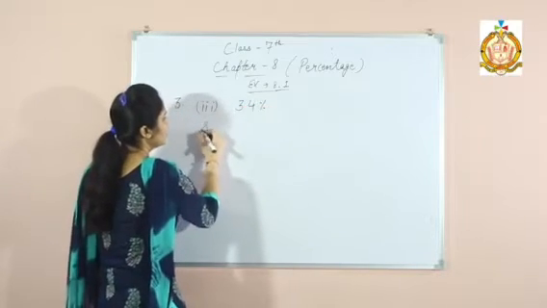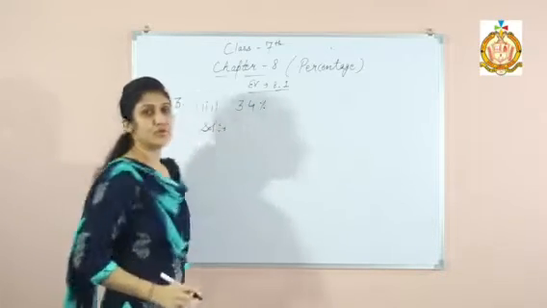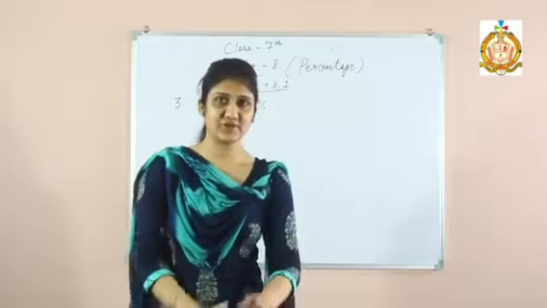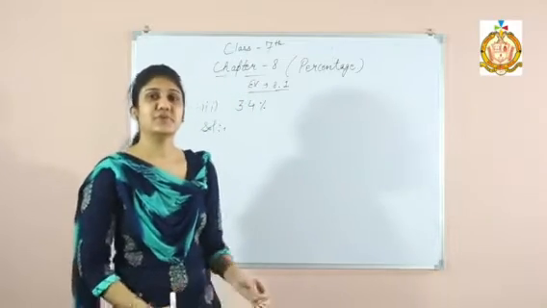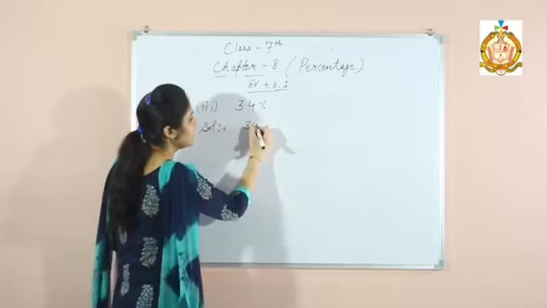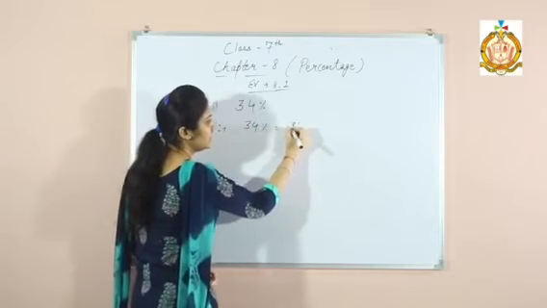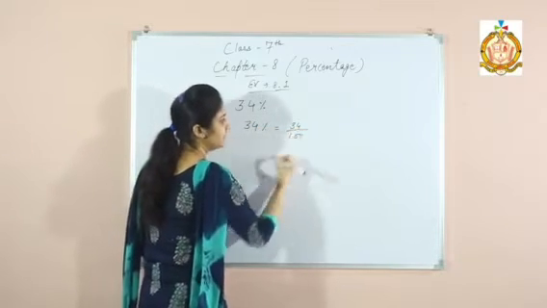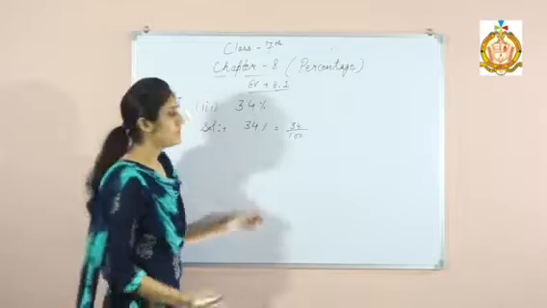34%. So we have to convert 34% first into fraction, and then we will write the fraction as ratio. You can write 34% as 34 upon 100. Now cancel out the common terms.